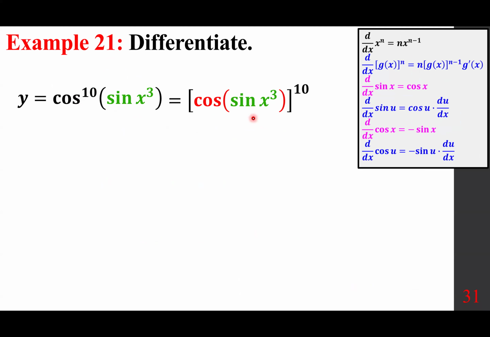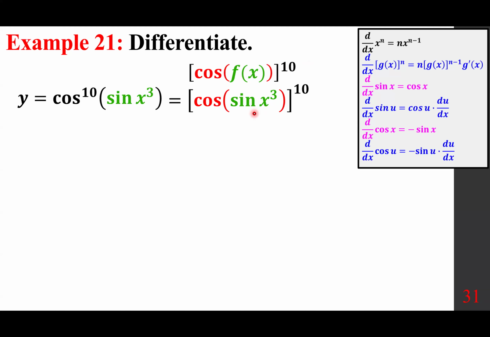Just to make it a tad easier, instead of sine x cubed, we choose some function for that. We call that f of x. And then we want to work on that. So cosine of some function to the power of 10. So we're going to follow that, and then we work on f of x, which is sine x cubed. I think it makes it a tad easier.